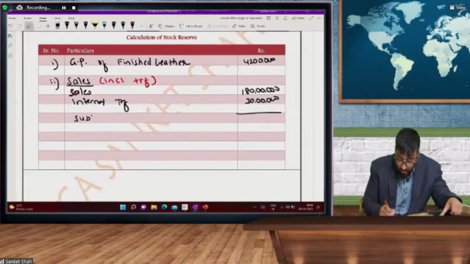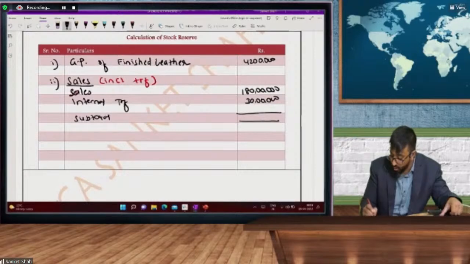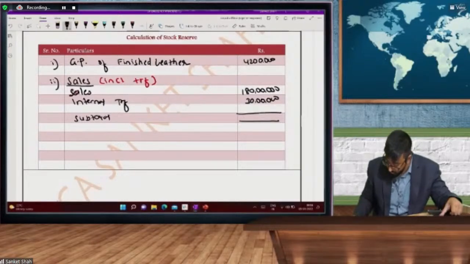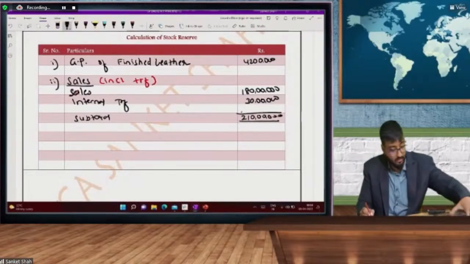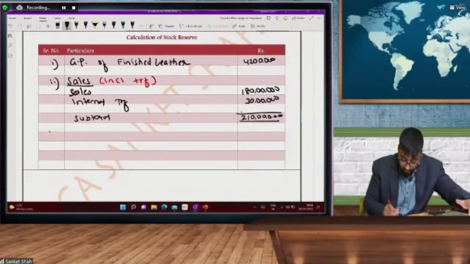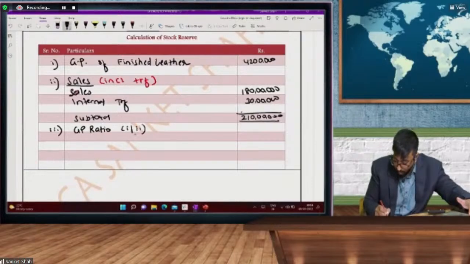So subtotal ₹2 crore 10 lakhs. And what is the GP ratio now? GP ratio is 1/2, it is 20%.